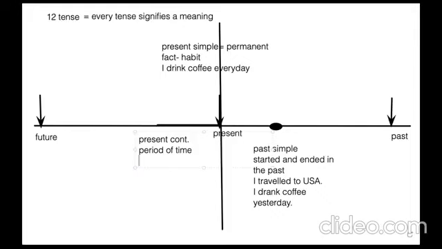So when you say, for example, I live in Cairo, but this month I am living in Alex. We use the present simple for the action that happens for a long time: I live in Cairo. This is what happens. But this month, this is temporary. I am living in Alex. So next month, I'll go back to Cairo.